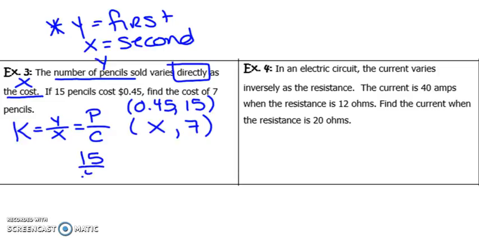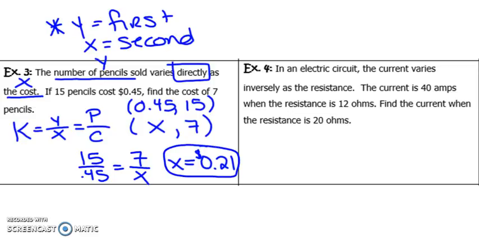I have 15 over 0.45 equals 7 over x. You would cross multiply and then divide. So you're going to get x is equal to 21 cents. And make sure your answer makes sense to the problem. 7 pencils should not cost more than 15 pencils.